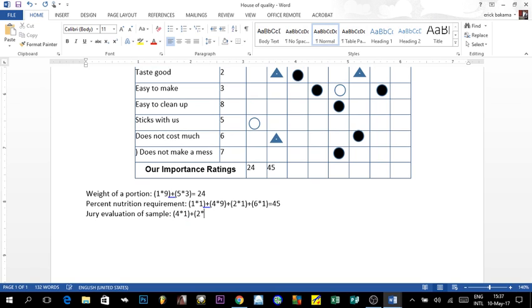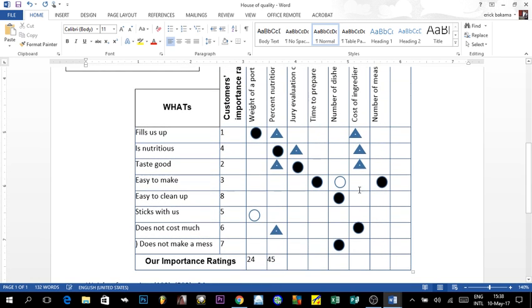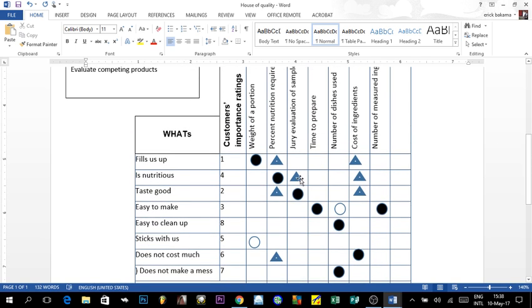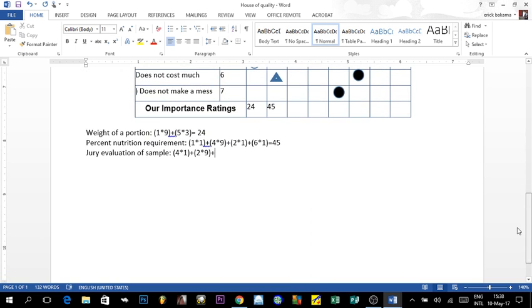Those are the only two that we need to focus on. So you have 4 times 1 plus 2 times 9, which make 4 plus 18, which gives us 22. So we're going to have our 22 here.